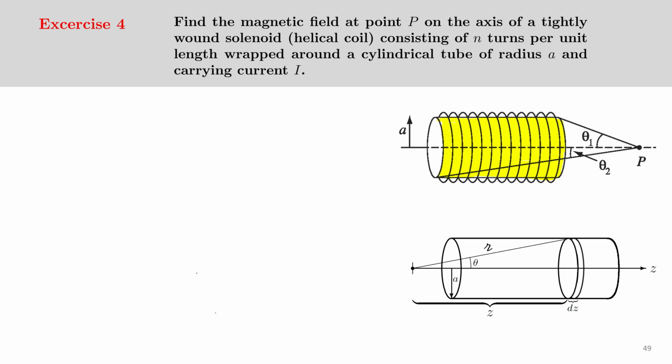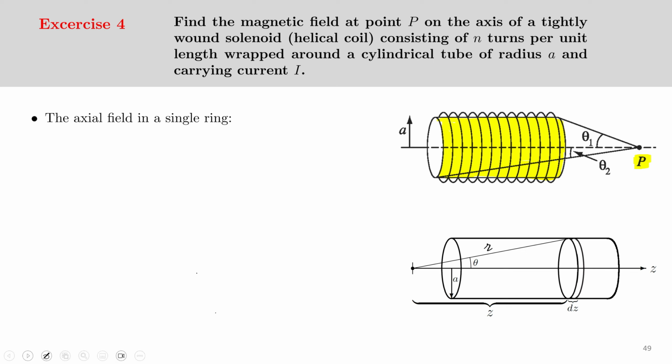On top of that cylinder, we have a tightly wound solenoid having n turns per unit length, and that solenoid is carrying a current I. P is the field point. Now we have to find out the magnetic field at point P.